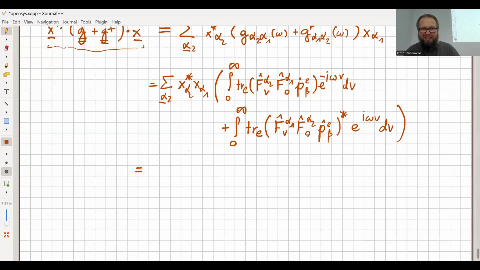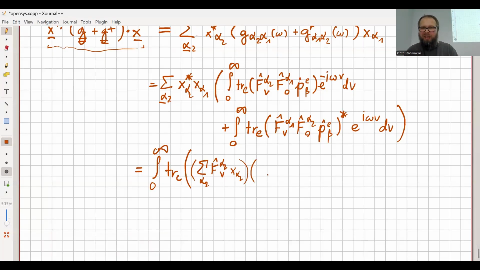What I mean by that: let me rewrite it as trace, but now the sum over alpha 2 of f alpha 2 of v times x alpha 2. Okay, so I just gobbled up the sum.